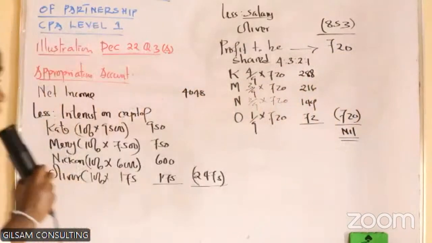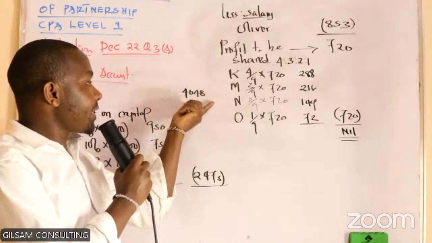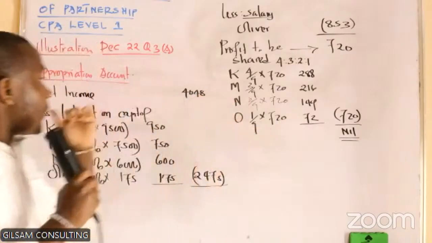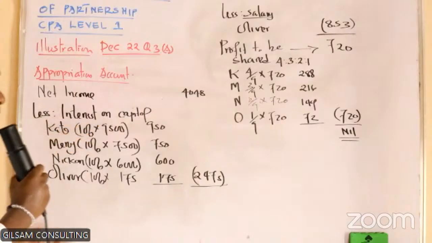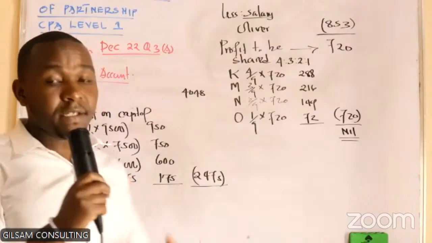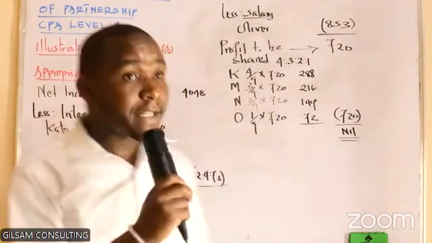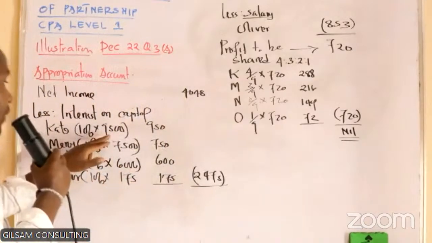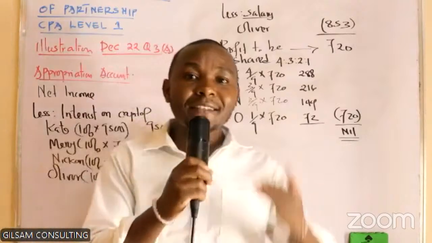So the appropriation account is very direct. We take that net profit or net income of 4080, and then we less the interest on capital. Remember, if you look at the note, the partners agreed to charge a 10% rate, so 10% of the capital of each and every partner. Go to the trial balance at the top.